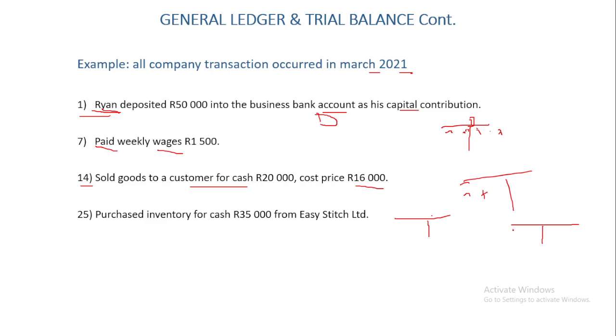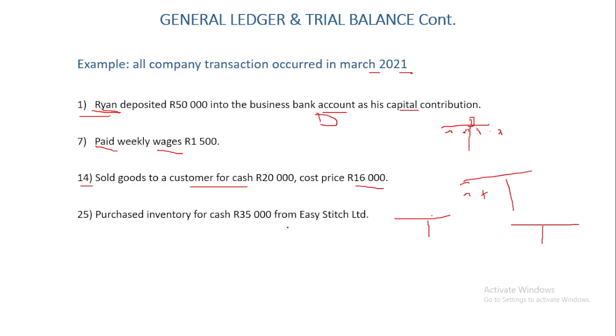So we're gonna record that on 2021 March, on the 25th. We're gonna write bank and 35,000 to say that we bought this inventory with cash from our bank account for 35,000. If it was on credit, we'd write the creditor's name there and then 35,000, and go to the creditor's account and reflect this on the credit side.